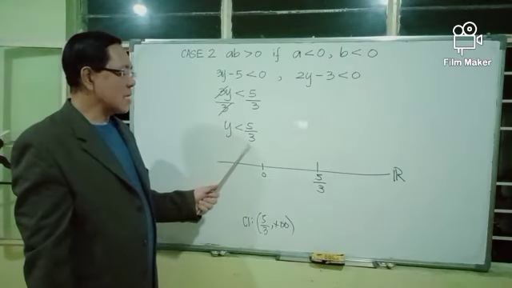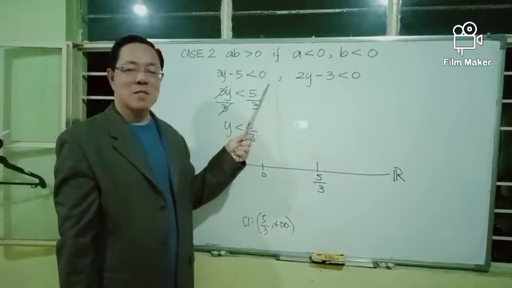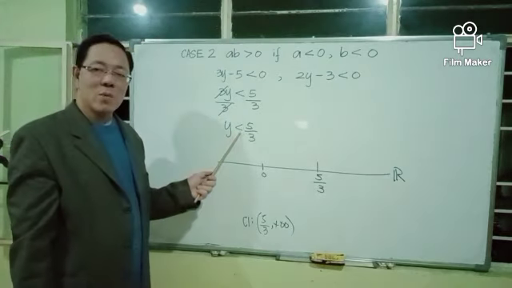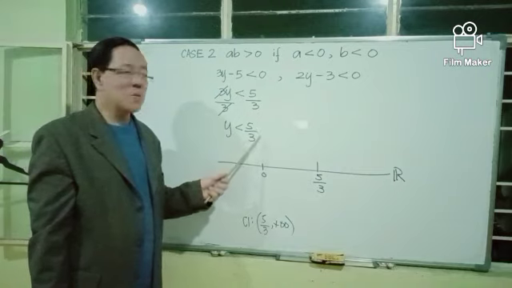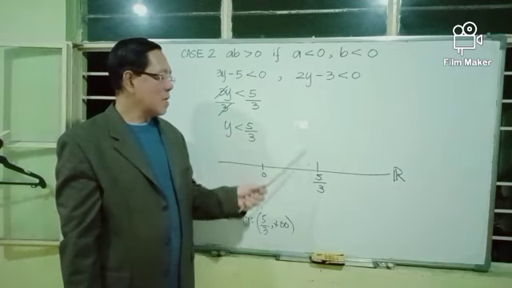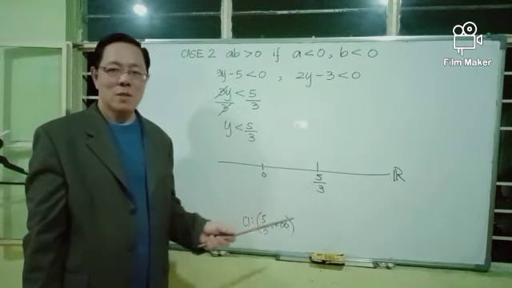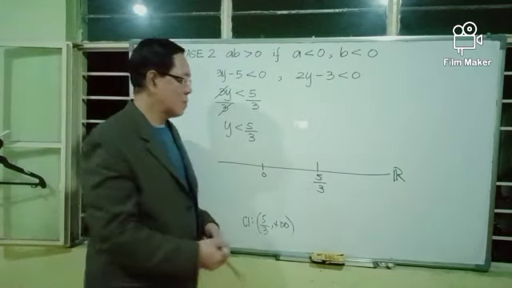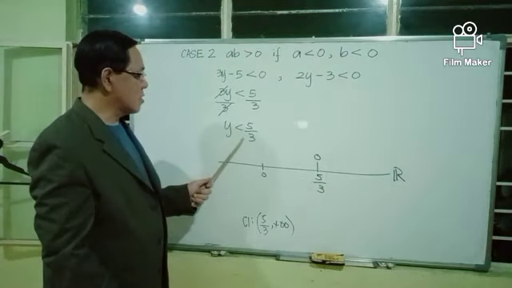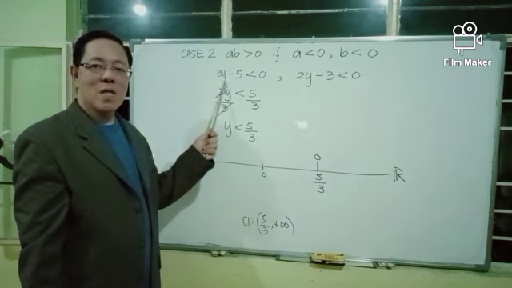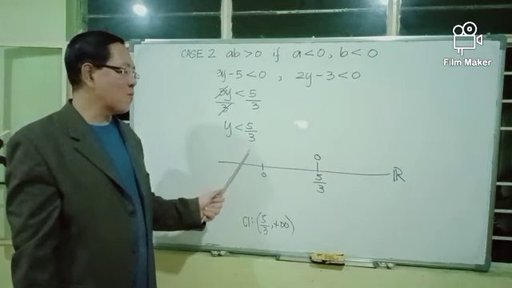Now, 5 over 3 is not a solution of this linear inequality 3y minus 5 less than 0 because there is no equal sign here. That means y equals 5 over 3 is not a solution of 3y minus 5. In the diagram, we indicate that by using a small circle or a hole. But the solutions of this linear inequality 3y minus 5 less than 0 are those real numbers that are less than 5 over 3.